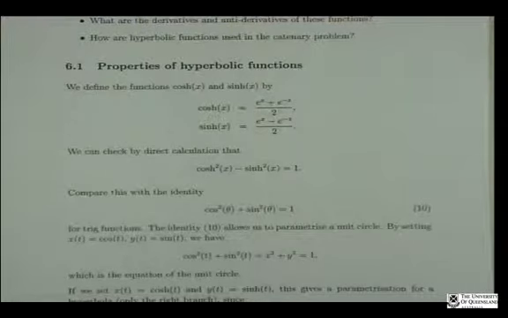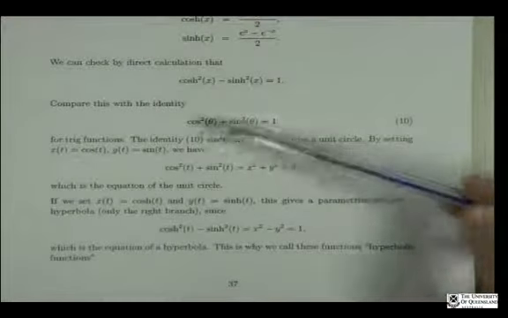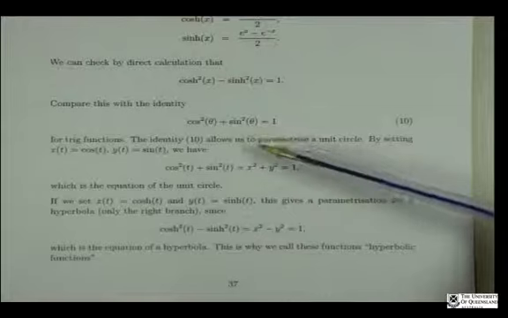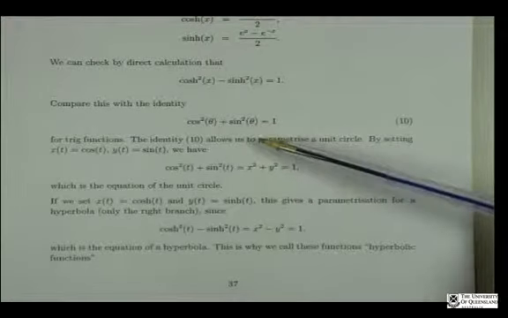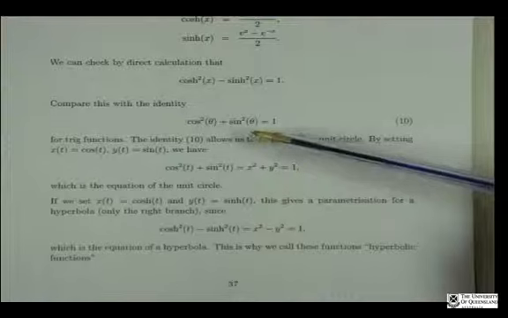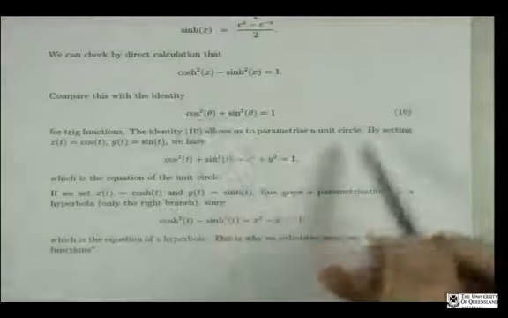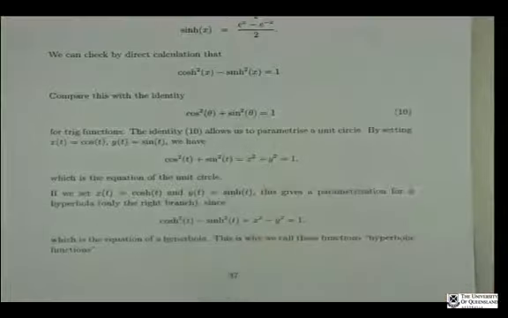All right, but why do we call them hyperbolic functions? What does this have to do with a hyperbola? Well, firstly, let's just recall what this trig identity tells us. In particular, this comes in very useful for parametrizing circles, or in particular, parametrizing the unit circle.